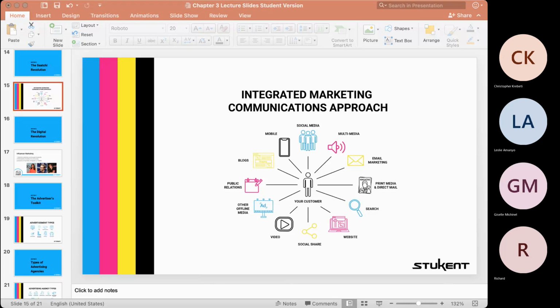Today, we have entered into what we call the digital revolution. We have moved from the ad agency. Advertising actually matured into the formation of ad agencies, which were run by these account men. We know what it entails.